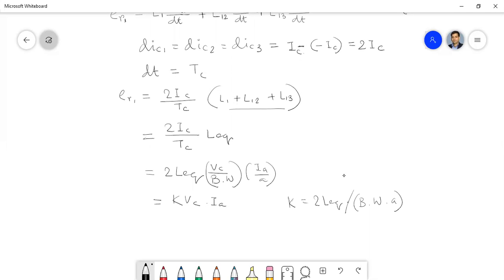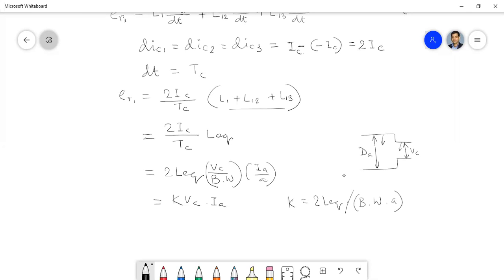Now sometimes we also represent this with commutator speed. You know that the armature and commutator have a difference in diameter. If this is the diameter of the armature, the commutator diameter is always less than this. So there is a difference in peripheral speed.